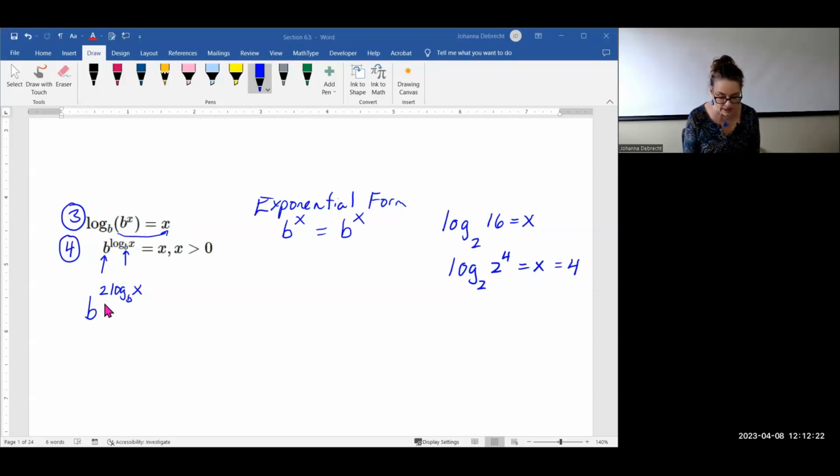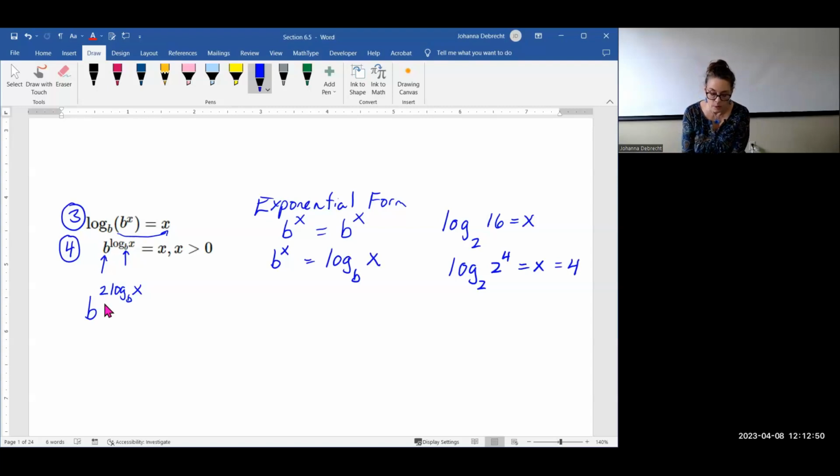The reason is that b to a power and log base b are inverse operations. So if you multiply by 3 and then divide by 3, you haven't changed anything. So the answer part is going to be the same. And that's what's happening here. This is basically saying, if I take b and I raise it to some power x, I will get the power that I raised b to get x, right?